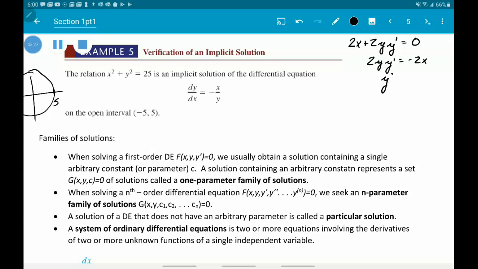Solve for y prime. That's going to give us -x over y. So y prime is -x over y, and that is definitely equal to -x over y. So we get that identity once again.